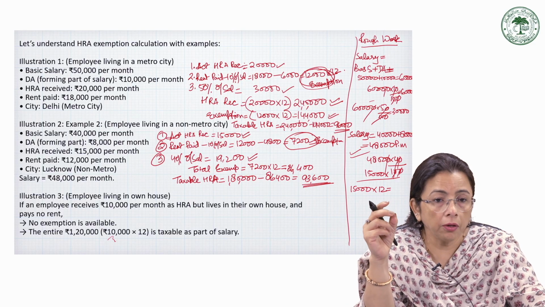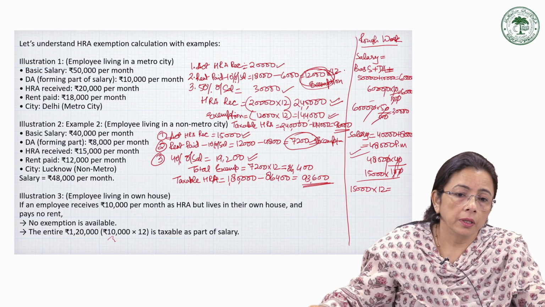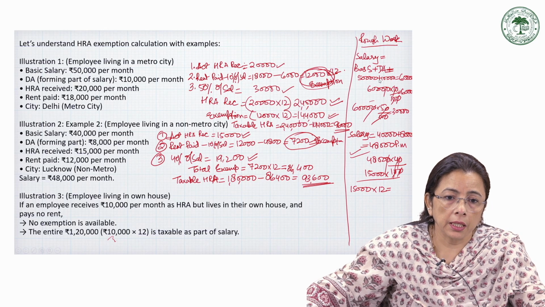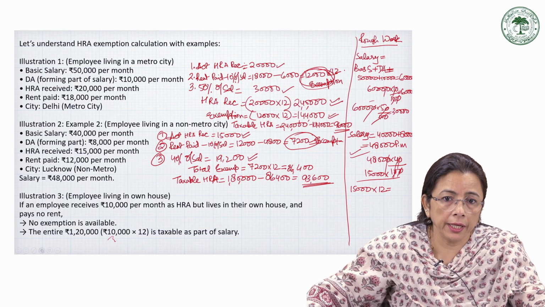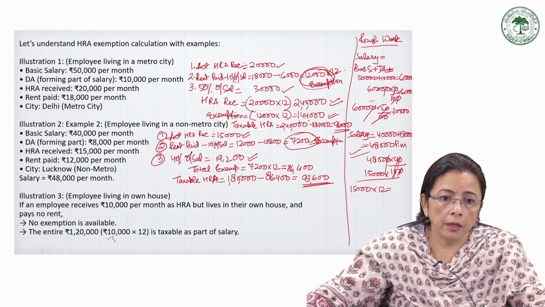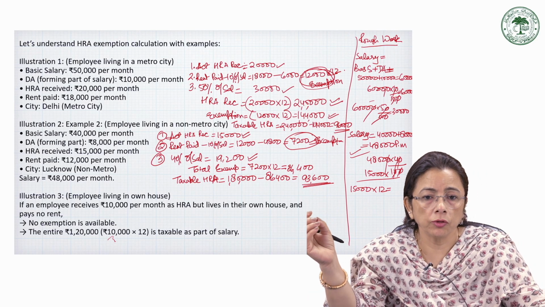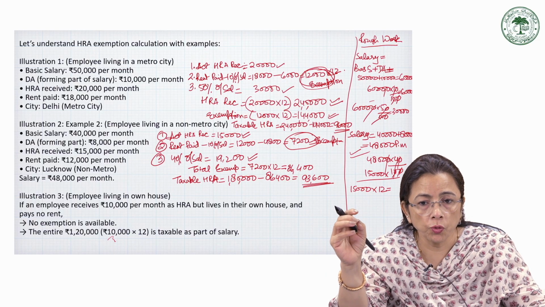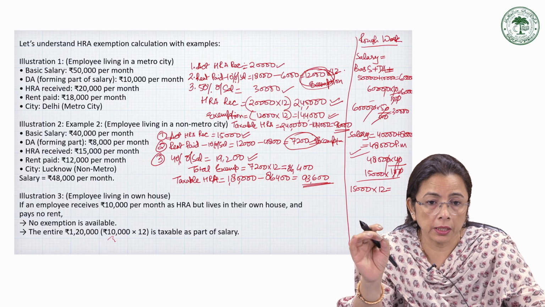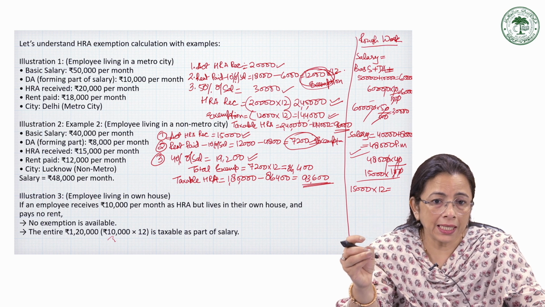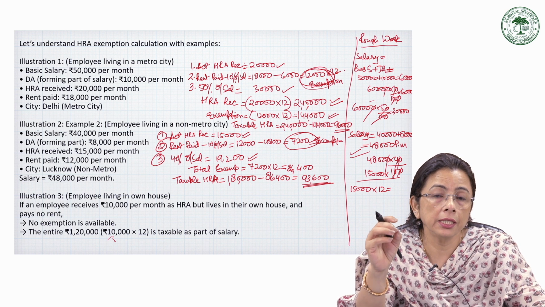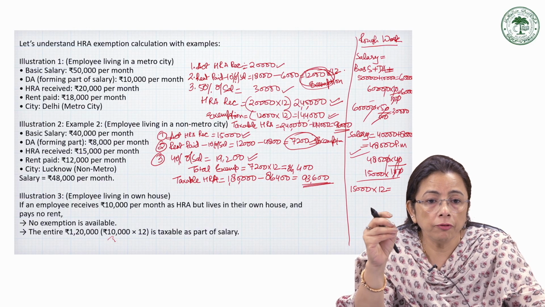Now similarly, the third example or illustration you have before you is the employee living in his own house. How do we consider that? If an employee receives, suppose, 10,000 per month as HRA, but he lives in his own house and pays no rent, then the HRA received by him will be fully taxable.